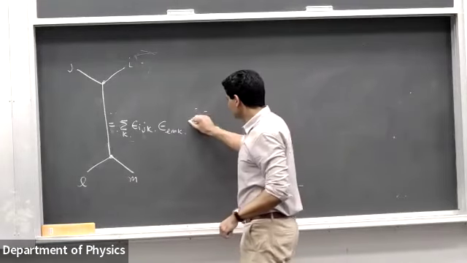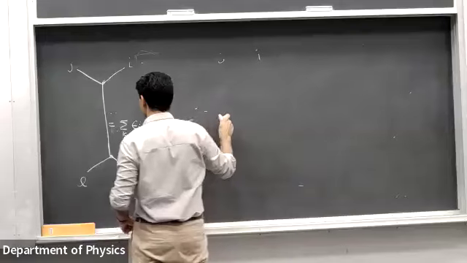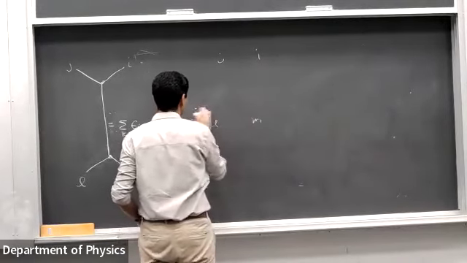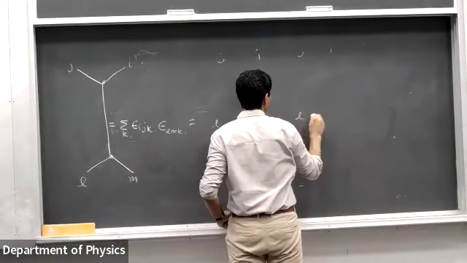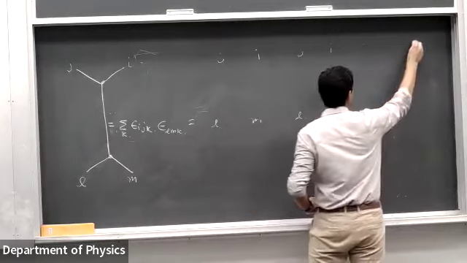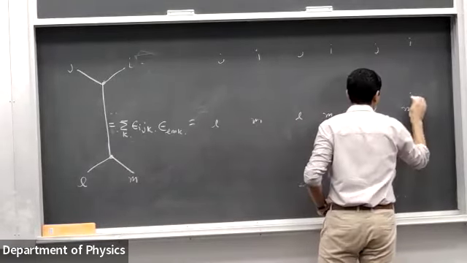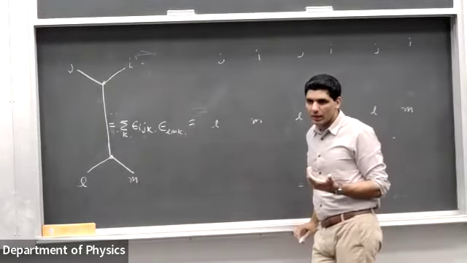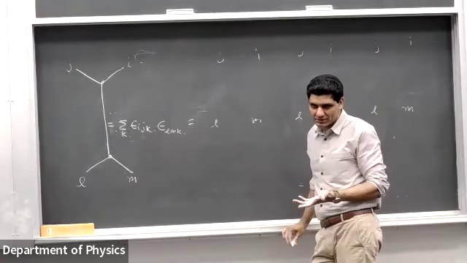First thing I want to do is just rewrite all the indices up. What we're trying to do is come up with a decomposition for this object in terms of Kronecker deltas.